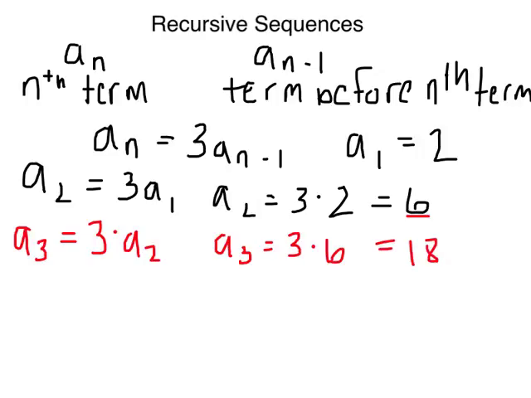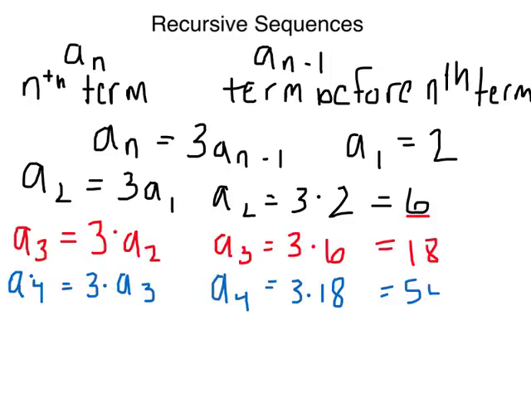And then, of course, you could find a4 by plugging in 3 times the term before a4, which would be a3. So a4 is equal to 3 times whatever a3 is. That's 18, so that would be 54.